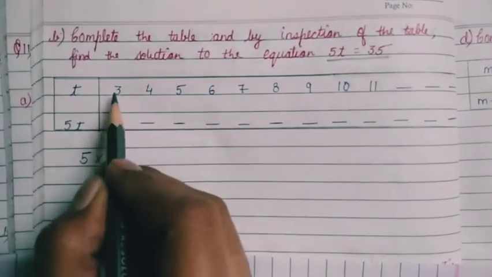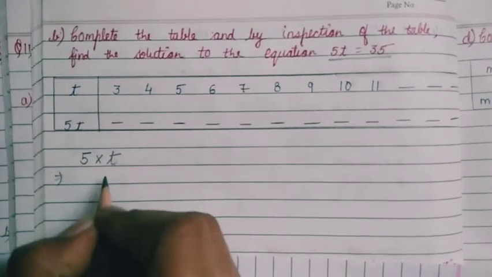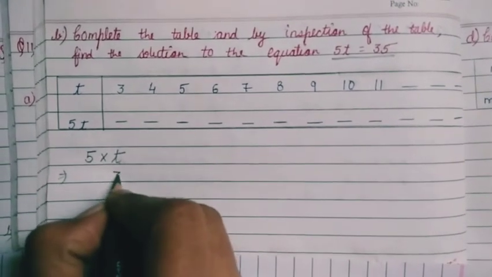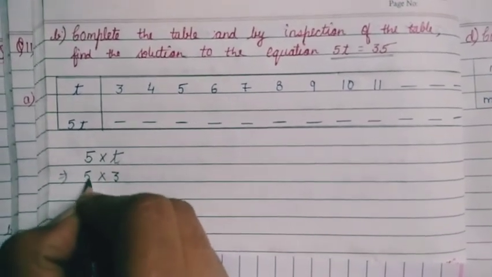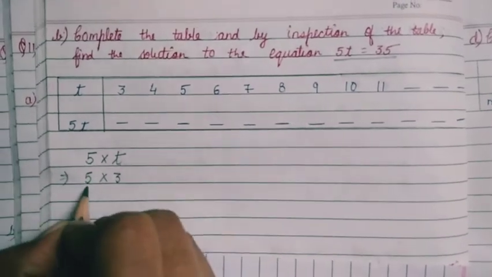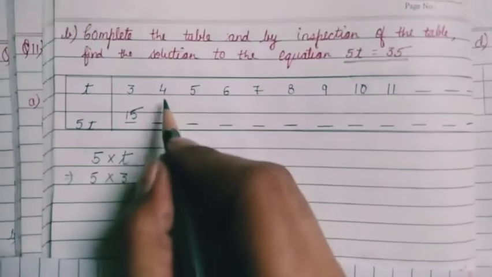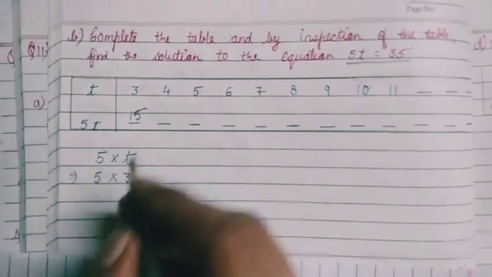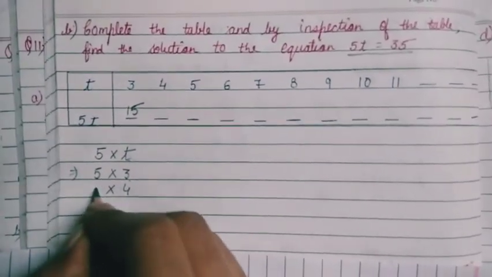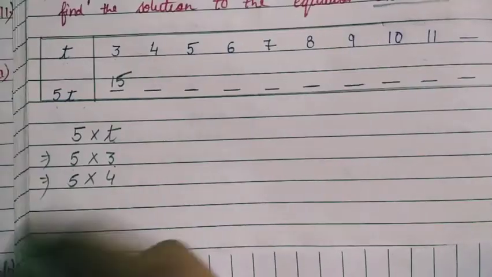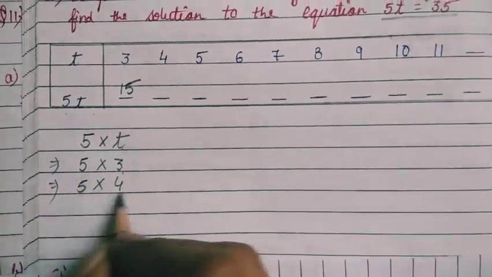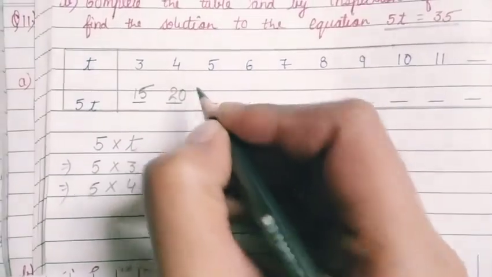When the t value is 3, it means on the place of t we will write 3 and it will multiply by 5. So 5 3s are 15. Okay. Second case, if t value is 4, so this 4 will multiply by 5 and 5 4s are 20.